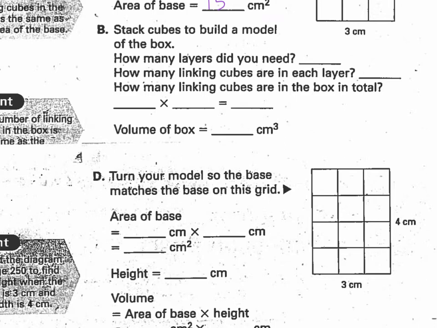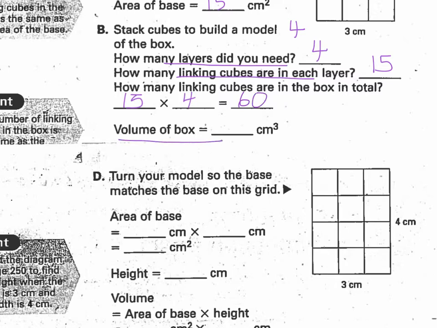The height of the box is 4, which means we need 4 layers. In each layer, there are 15 cubes. So we multiply the area of the base times the height, which is 4. 15 times 4 is 60.